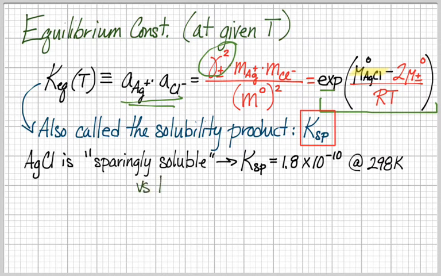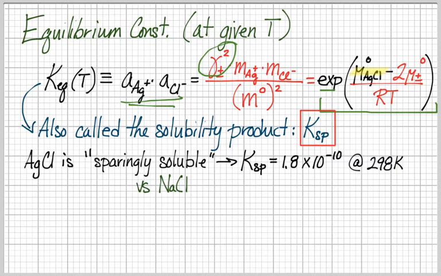It's going to be a unitless value, and it's going to be 1.8 times 10 to the minus 10 at 298 degrees Kelvin. So a very, very, very small number. 10 to the minus 10 is an exceedingly small number, which again is part of why in general chemistry language we would call silver chloride a sparingly soluble salt.